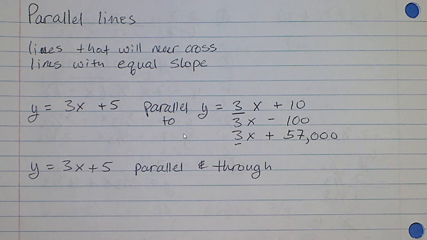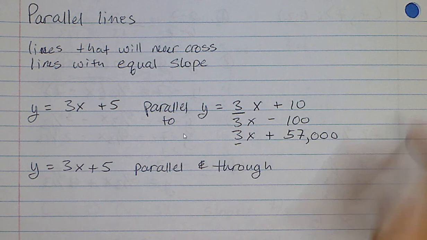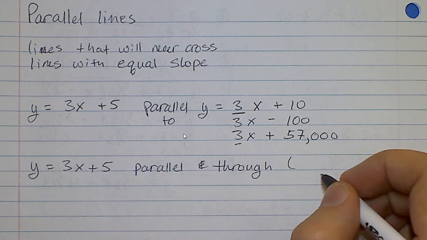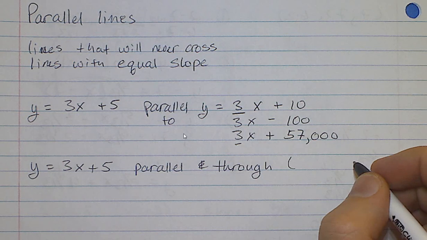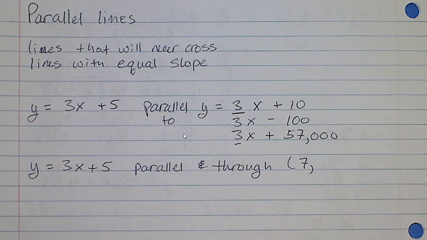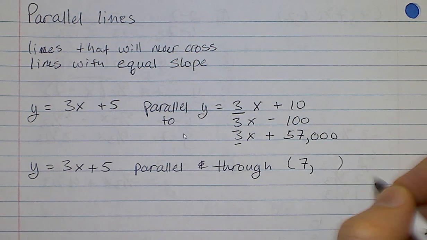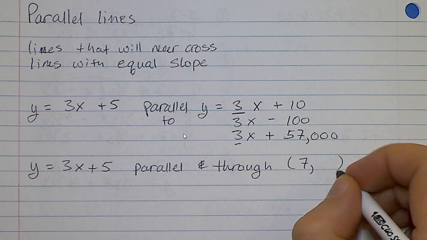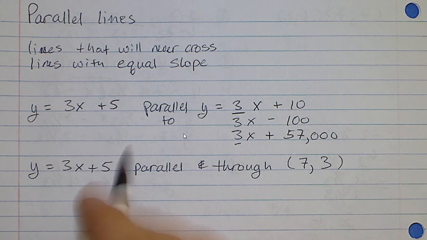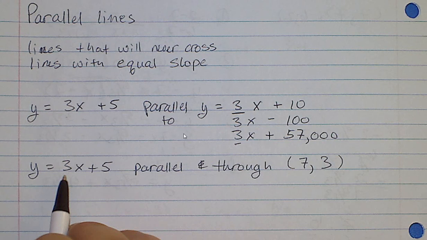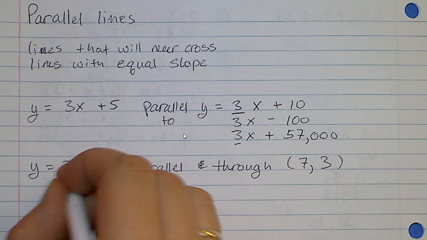And to find out what that point is, Brett, can you give me a number, please? 7. Okay. And then, Sage, can you give me another number, please? 3. Okay. So I want to find the equation of a line that is parallel to this, meaning it has the same slope, but goes through this point.